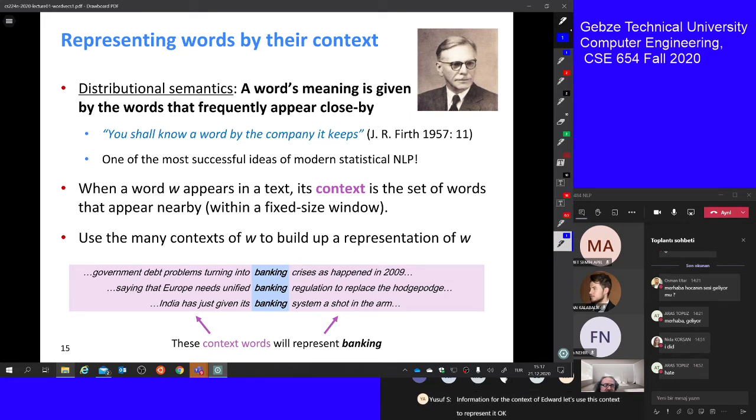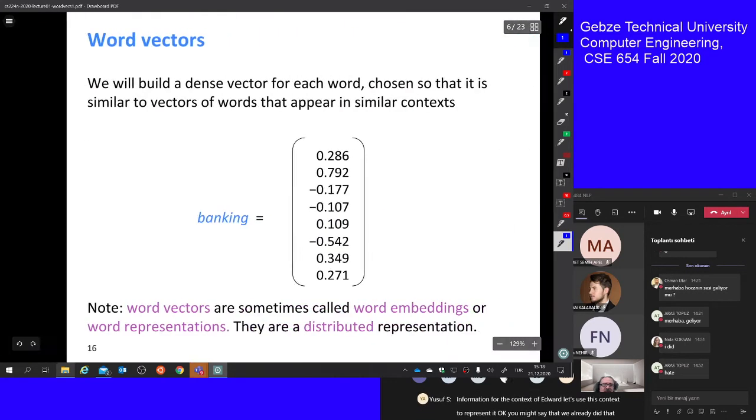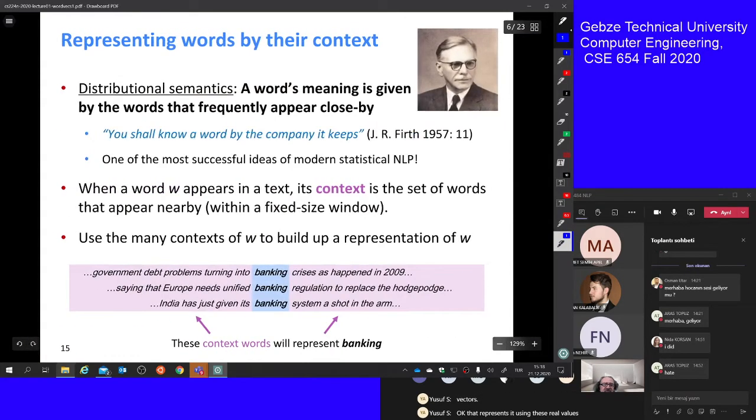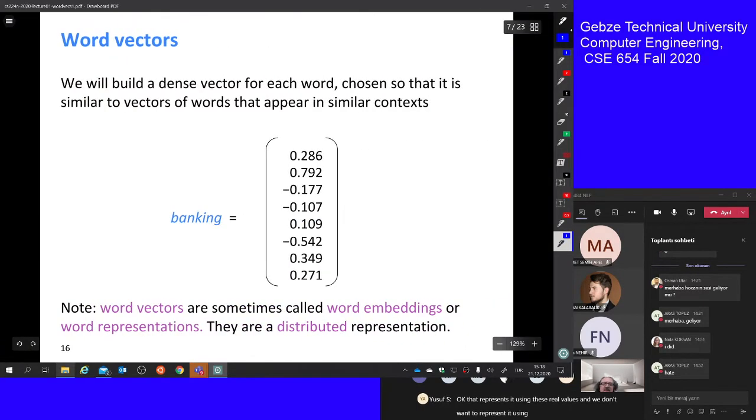You might say that we already did that, but we are going to do it in a different way right now. This banking will have a word vector that represents it using real values, and we don't want to represent it using 40,000 or 500,000 dimensional vectors, but maybe 100 or 200 dimensional vectors, smaller vectors.